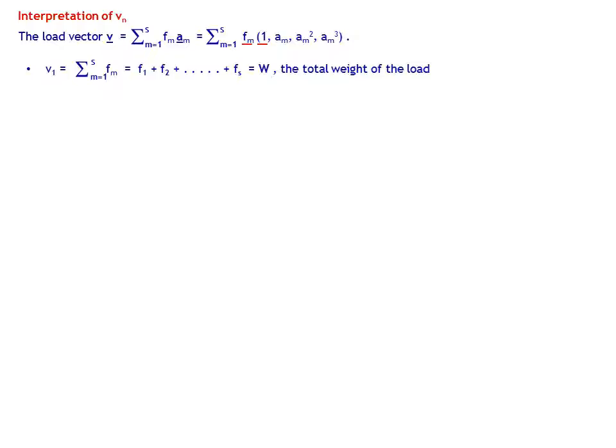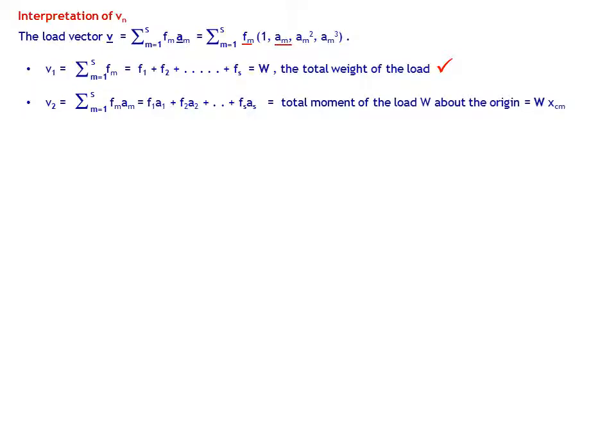This just gives the total load on the beam, so v1 is equal to w, the total weight of the load, and we've seen this result before. v2 is the sum of f_m a_m, where each term is the moment of that particular point load about the origin, which is at the left-hand edge of the beam. v2 is therefore the moment of the load about the origin given by w times x_cm, where x_cm is the distance of the centre of mass of the load from the origin.